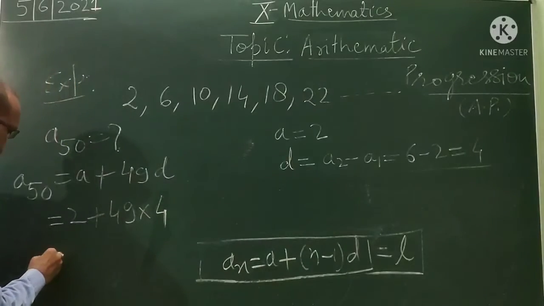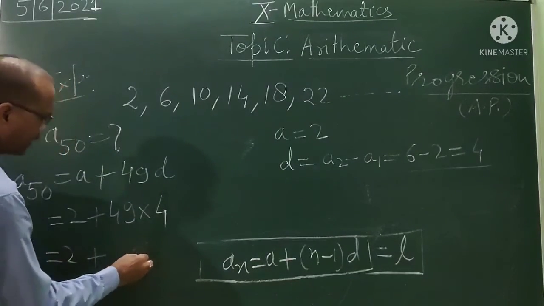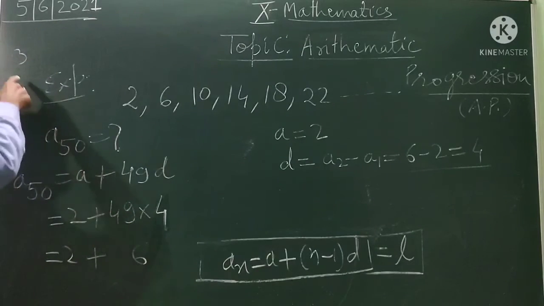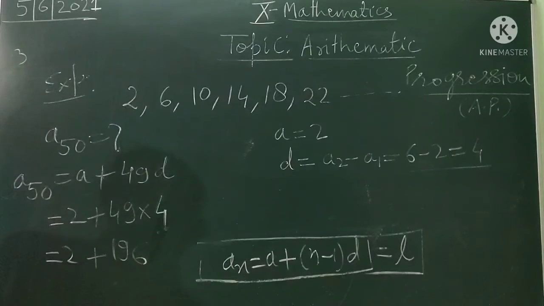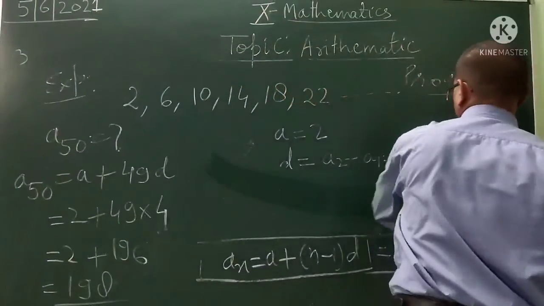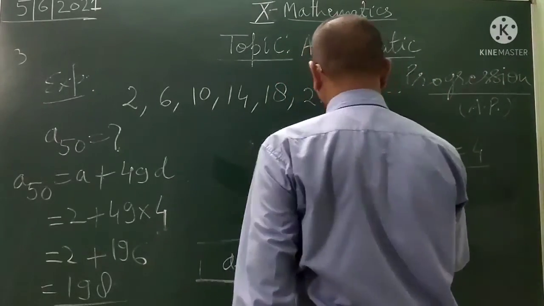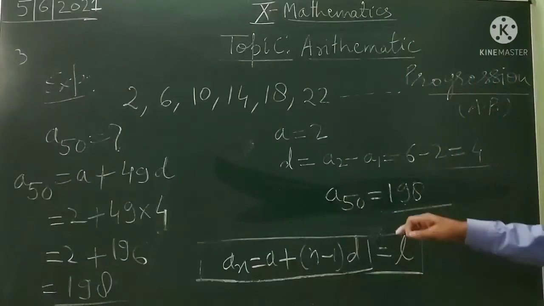Now 4 times 9 is 36. Carry 3. 4 times 4 is 16. 16 and 3 is 19. Now it is 198. So we can say the 50th term A50 equal to 198. This is the 50th term.